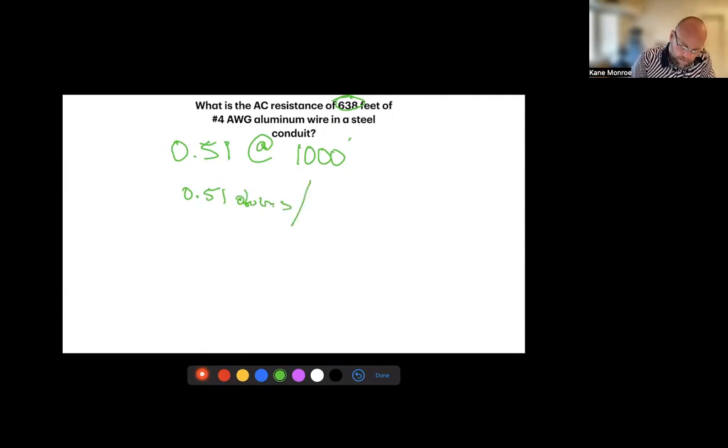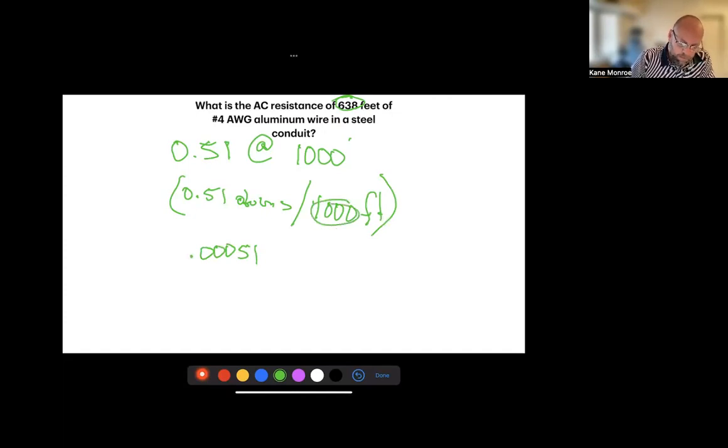Divide that by 1,000 feet. This division is pretty easy. All we do is we move this decimal point 3 places to the left because we're at 1,000.